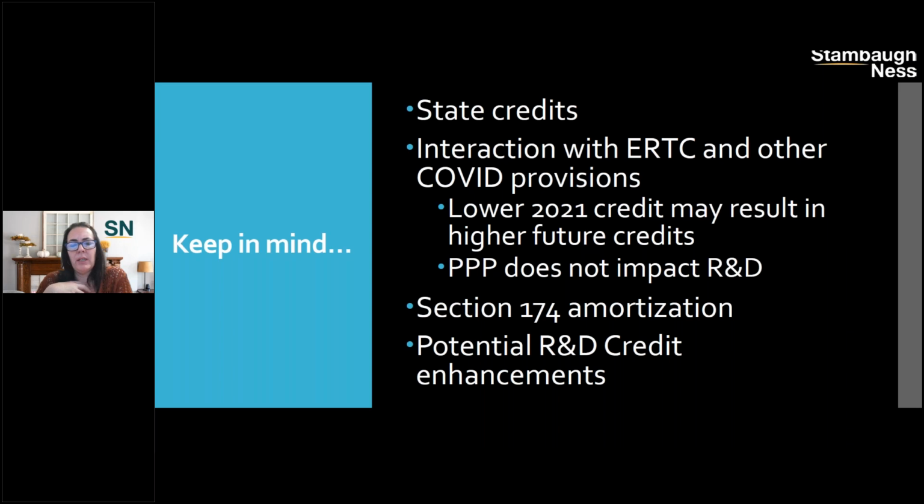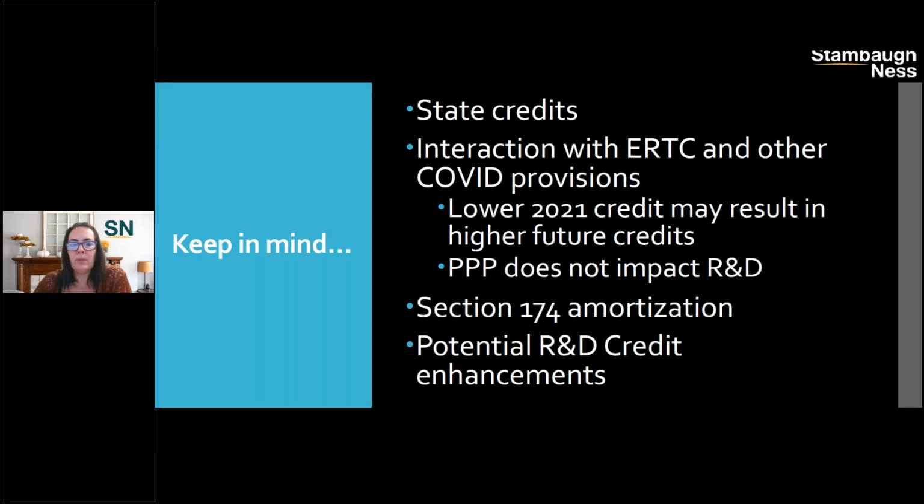Something we just keep mentioning and want to mention: this was considered Section 174 amortization. So in the past, the mechanics of the credit are that it's taken on the return, and if you take the reduced credit, there's no add back. If you take the gross credit, you just add back the credit amount to your taxable income, but that's it.